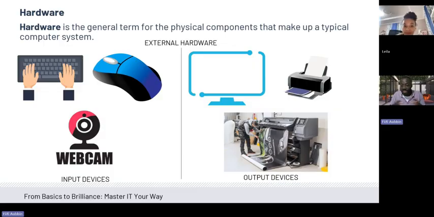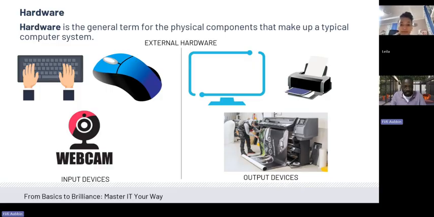So hardware we say is the general term for the physical components that make up a typical computer system. Any part of the computer system that you can touch and feel falls under hardware. Like I said, this is going to be a revision for you.